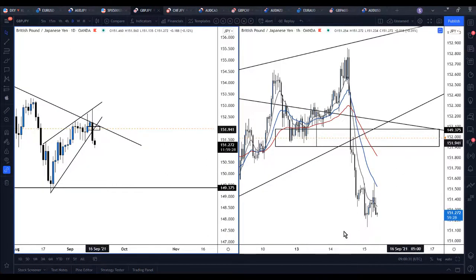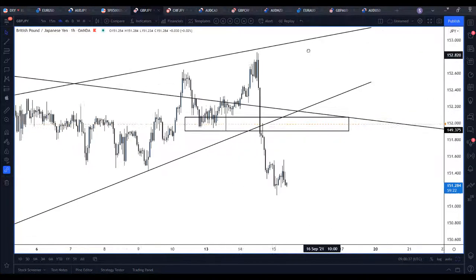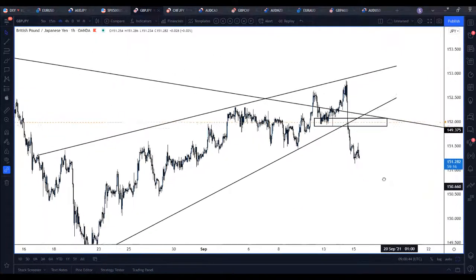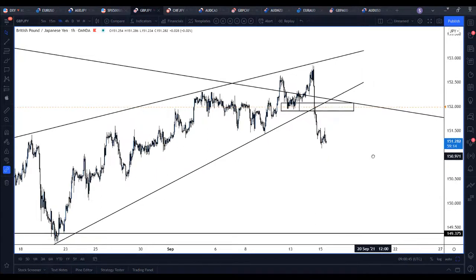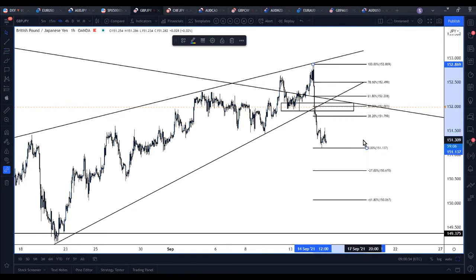Now, there is a technical level potentially where this could pull back into. Nice bit of support here, and maybe retest the bottom of the wedge. Doesn't have to do that, but that's a 50% retracement roughly of this move here, that whole impulse there.